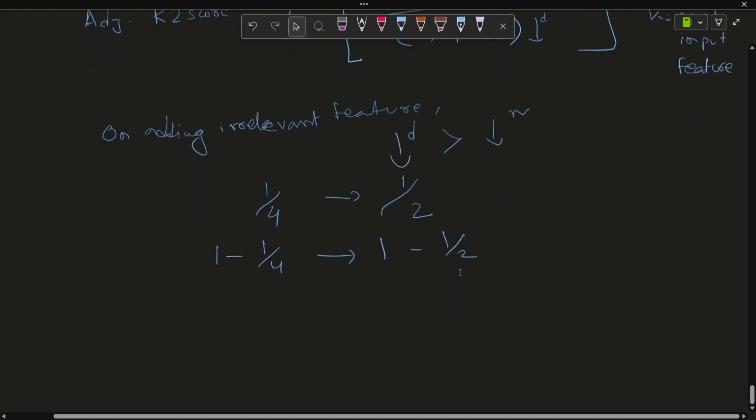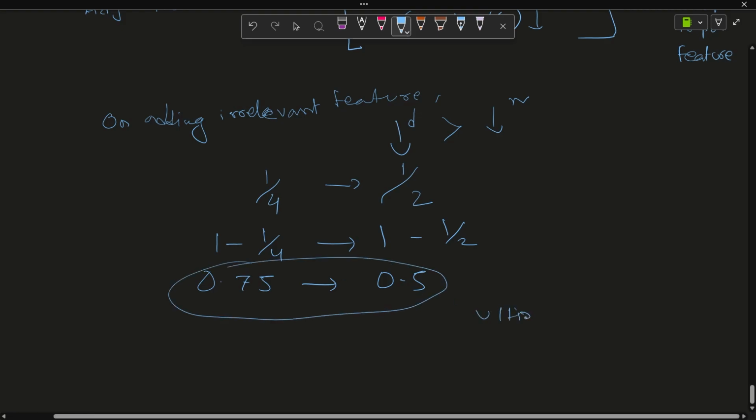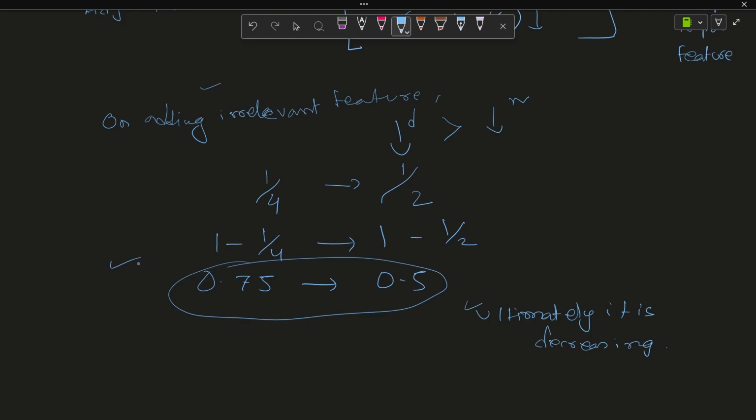So what will be the answer? See, 0.75 before, and now it will overall decrease, right. So ultimately it is decreasing, which is a plus, which you need, because on adding irrelevant features, at least it should not be increasing. So that's why you are using adjusted R square.